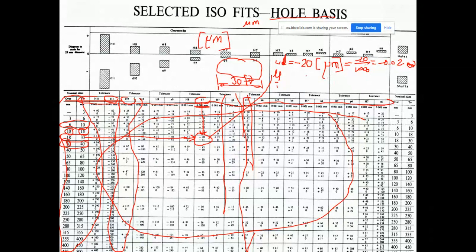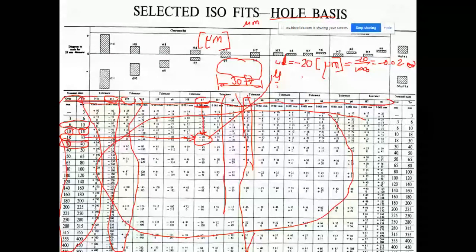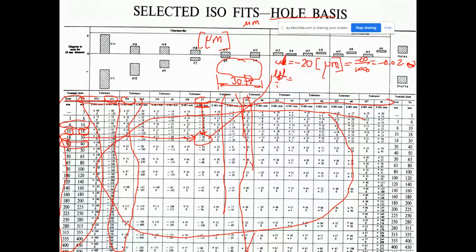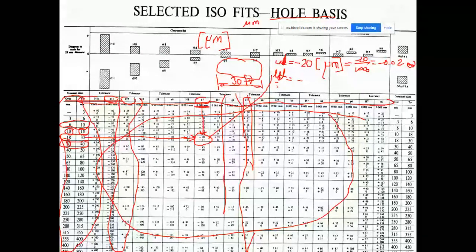Okay, how about the lower deviation? Upper deviation is equal to minus 0.02. Lower deviation is equal to minus 41 micrometer.